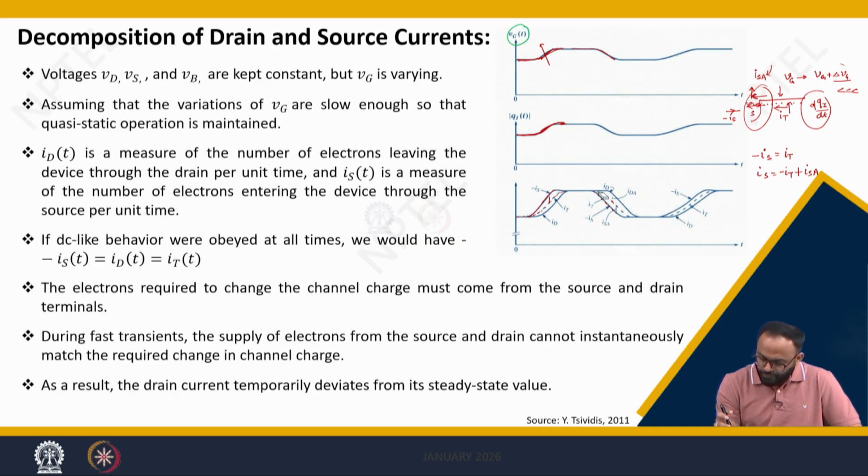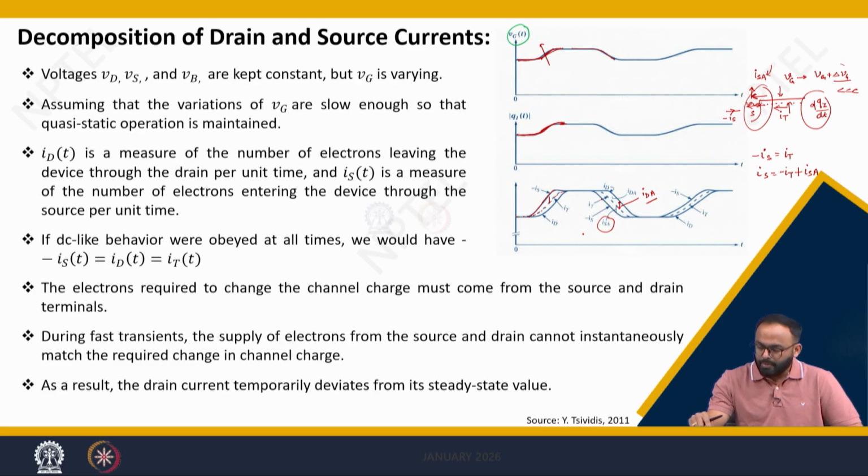So, we are defining a new additional current component, which is IDA. It is an additional current at the drain side, and ISA is an additional current at the source side. This additional current is actually due to a change of Vg, very small, right.